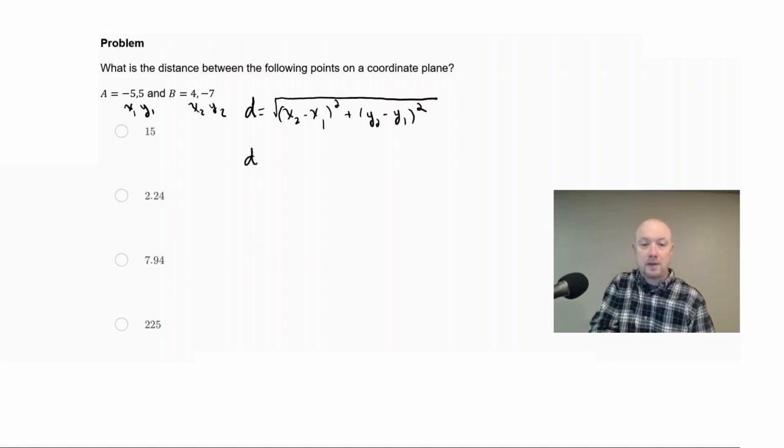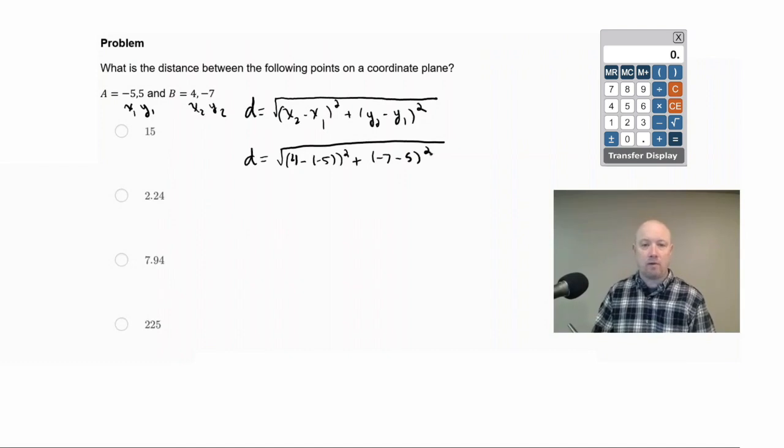Plugging into the distance formula, I get x2, which is 4, minus x1, which is -5, quantity squared, plus y2, which is -7, minus y1, which is 5, quantity squared. You will have access to a 4-function calculator on the test, and you can use that to help you with any calculations.